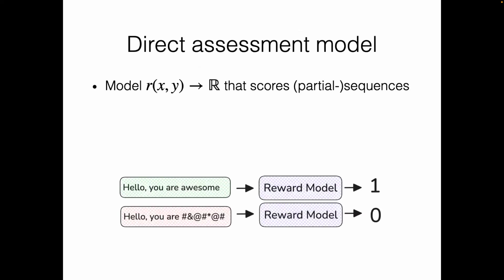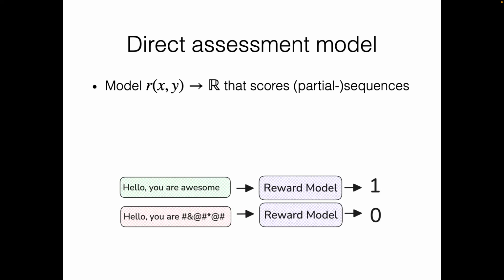Broadly, you could think about, at least to start, two different strategies. One is you could make what we might call a direct assessment model. Here the model would take in some input and some output, and it would try to give some number for how good this output is.